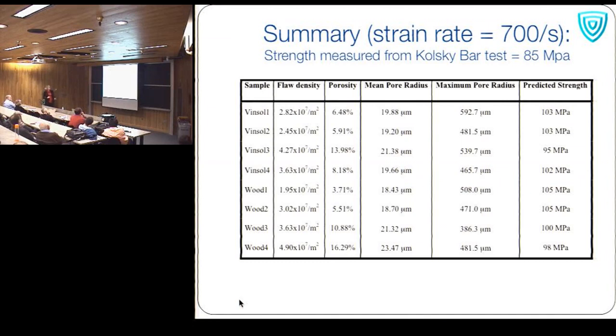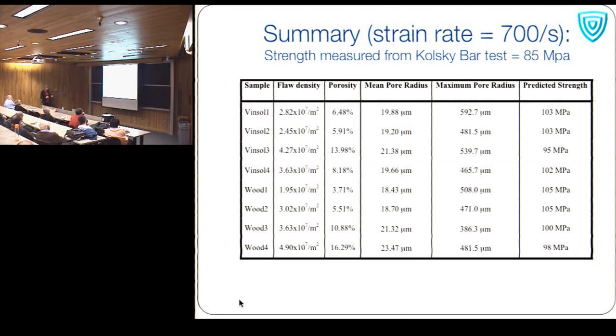I will point out the most important things. For each, there is a particular flaw density. This is the number density of pores, total porosity, the mean pore radius and maximum pore radius for that sample. We were able to read all of these from the characterization. And then we predicted strength for each one.